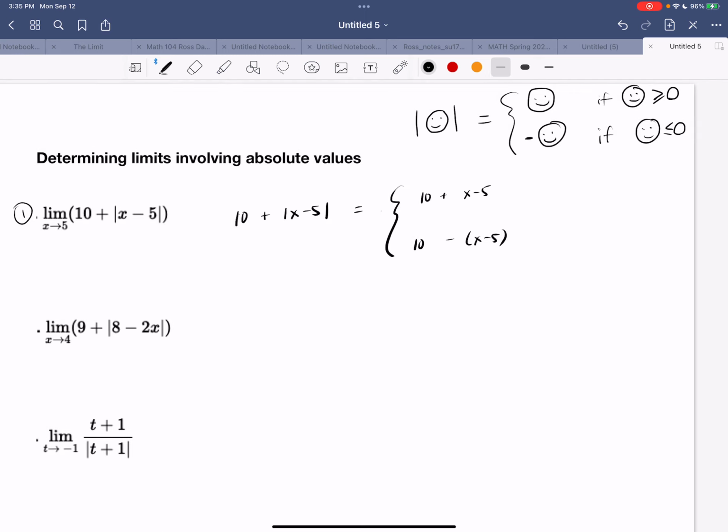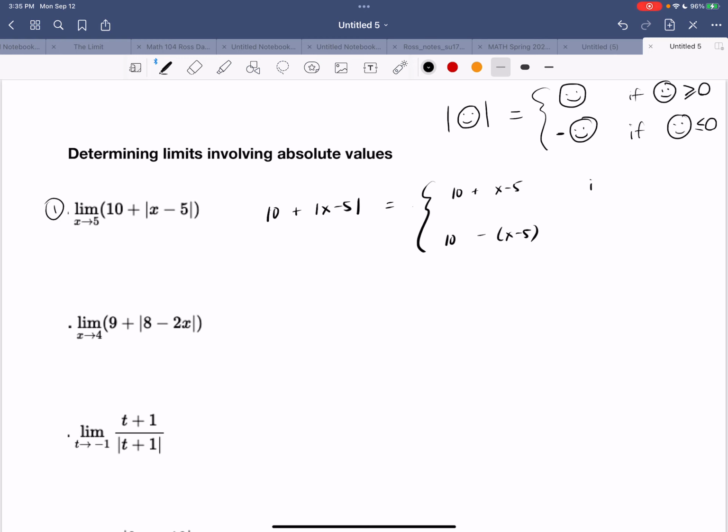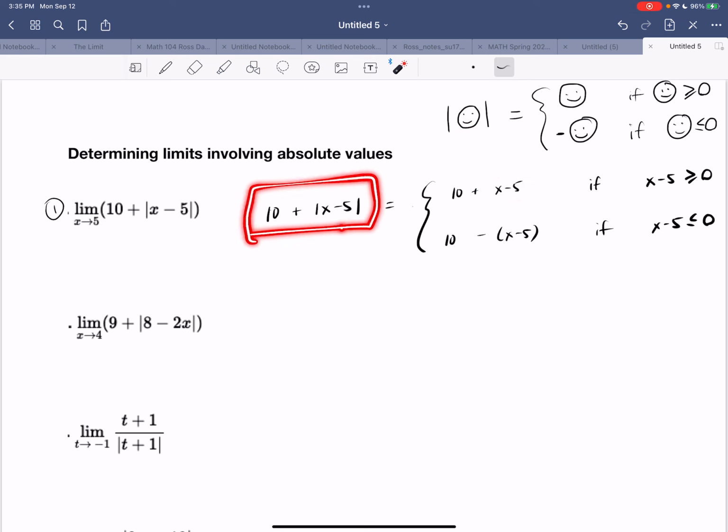And it depends on if x minus 5 is positive or negative. Right? So here I let smiley face be equal to x minus 5, right? So 10 plus the absolute value of x minus 5 will just be 10 plus x minus 5 if x minus 5 is bigger than or equal to 0.